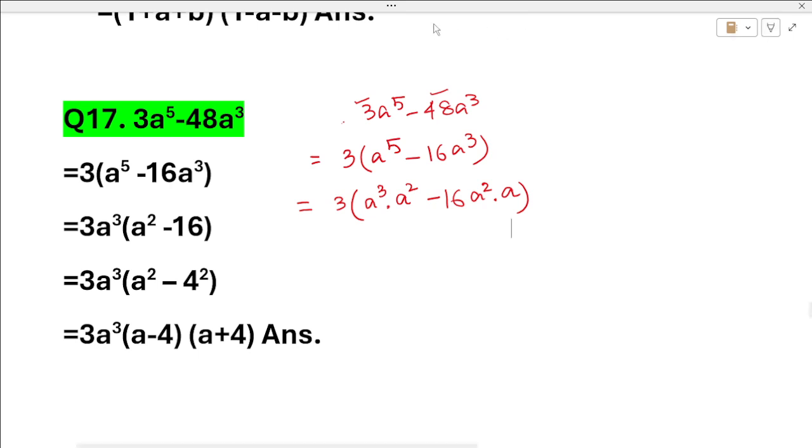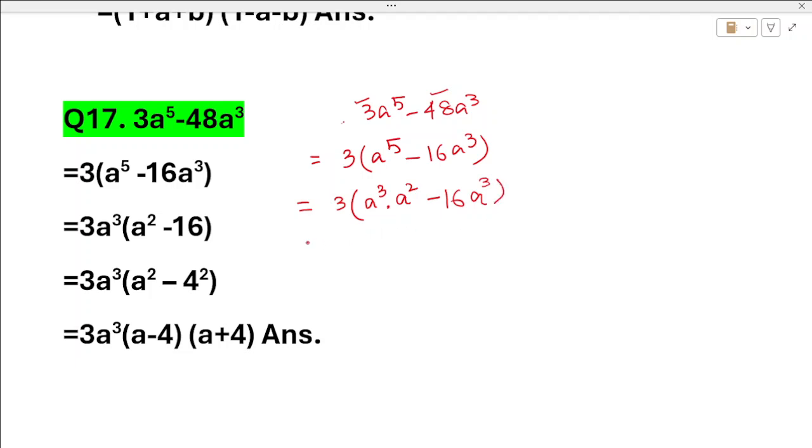Just wait. Don't put it like this. Let it be like this only. Just wait. Yes, it is put like this. A to the power cube. Put it a to the power cube as it is.